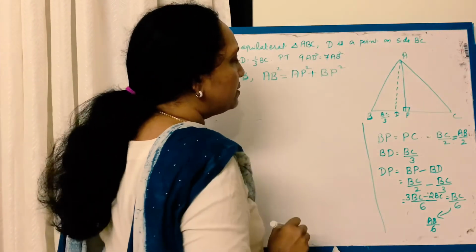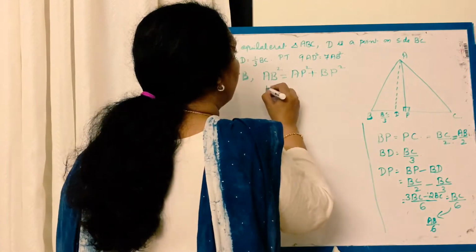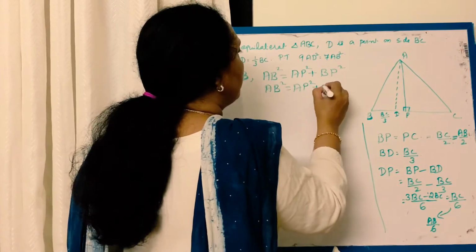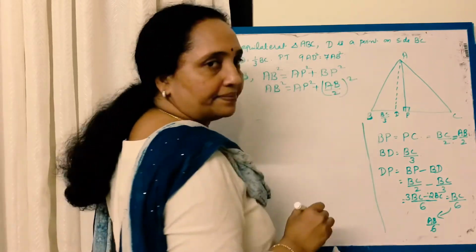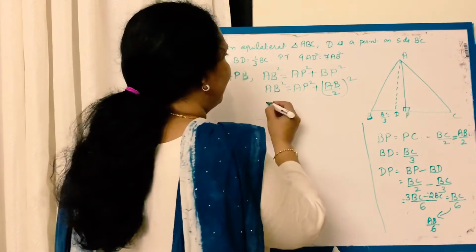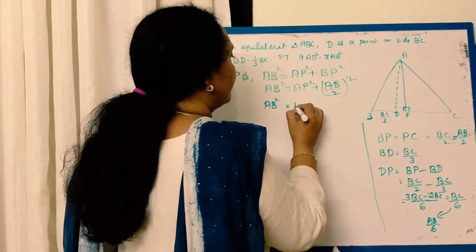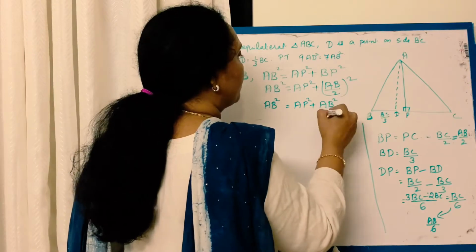What is BP square? BP is equal to AB by 2. That means AB square is equal to AP square plus AB by 2 the whole square, which is AB square is equal to AP square plus AB square by 4.